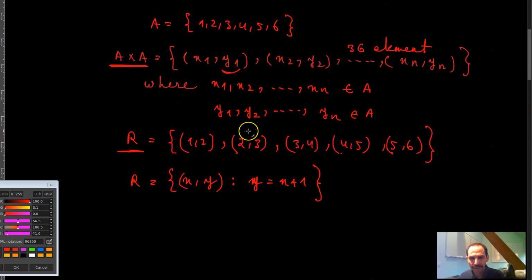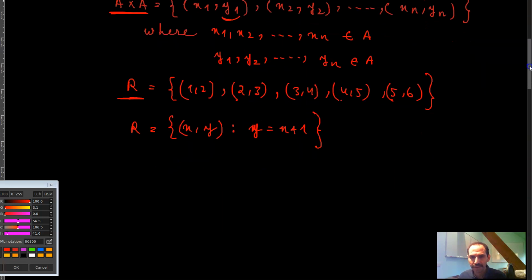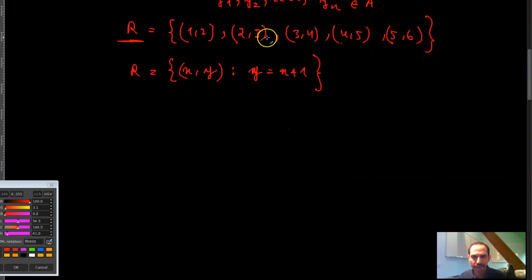Now that we have our relation here, everything worked out, so now we can depict this using an arrow diagram. So I have 1, 2, 3, 4, 5, and 6.